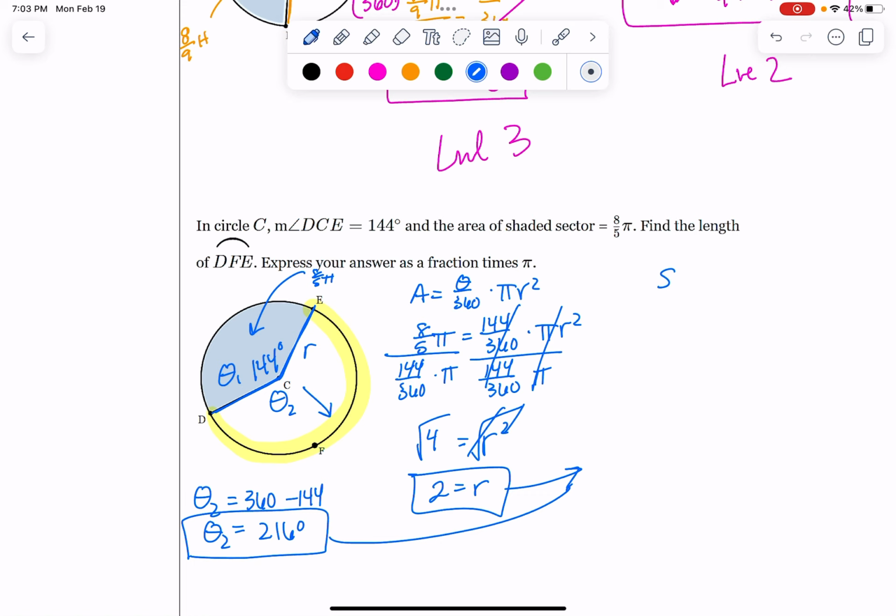So arc length of DFE is theta over 360 times 2 pi r, but this is 216 over 360 times 2 pi 2, because my radius is 2, so that when I'm all done, my arc length is 12 over 5 pi units.